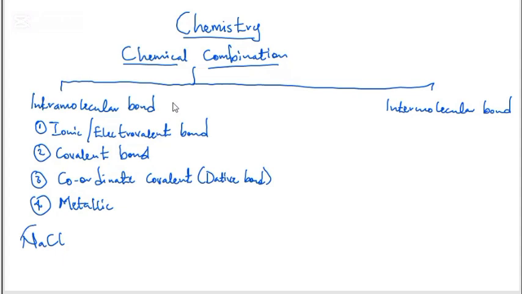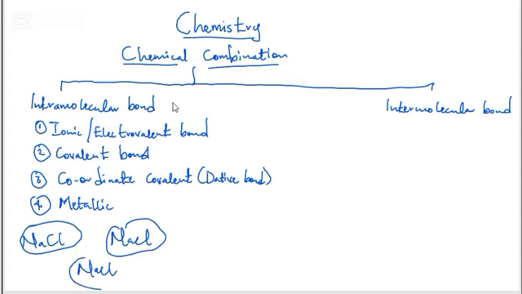So we have one sodium chloride, another sodium chloride, another sodium chloride, something like this. The bond between the atoms in the molecule, that is the bond between sodium and chlorine, which is our ionic bond. This is the bond I'm talking about as your intramolecular bond.